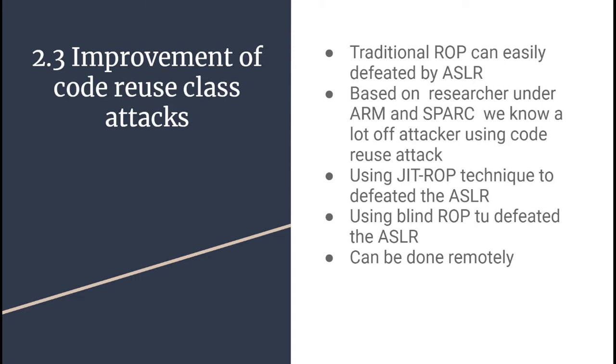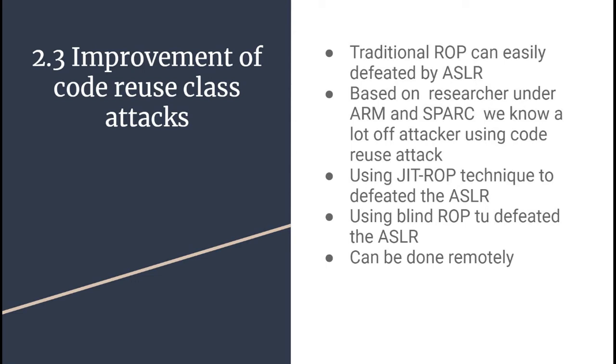Then we go to 2.3, improvement of code reuse attacks. Traditional ROP can usually be defeated by ASLR, and based on research under ARM and SPARC, we know many attackers use code reuse attacks. So how can the attacker defeat ASLR?